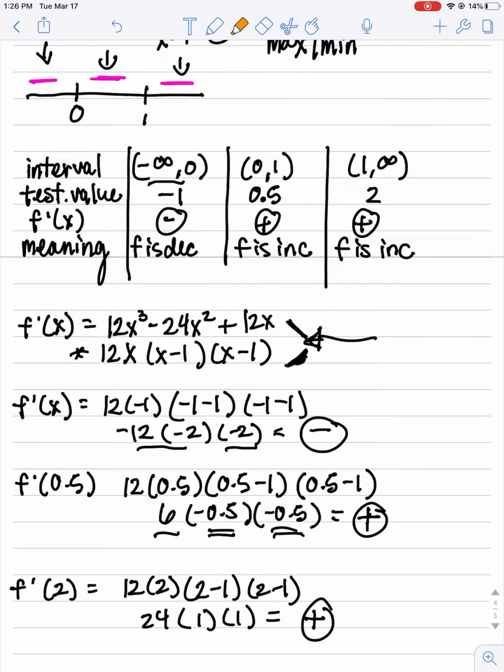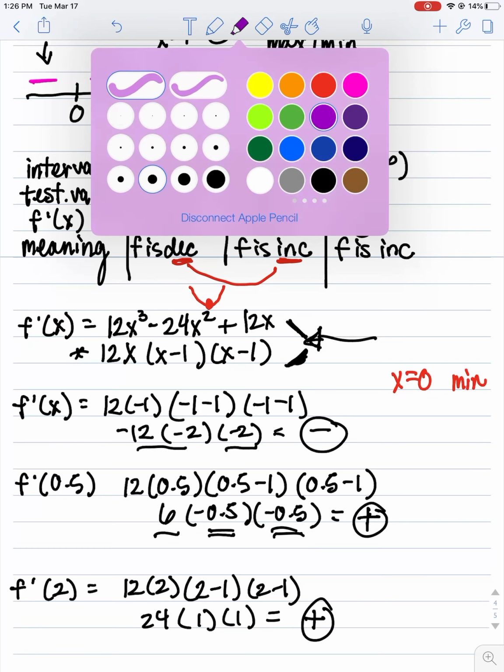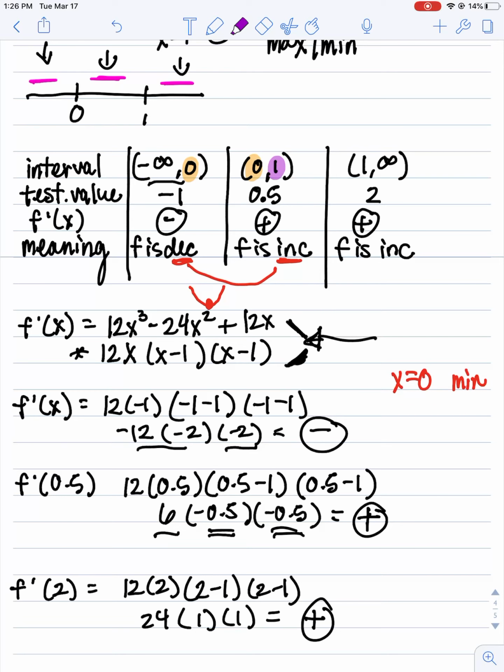So take a look at your critical values. Your first critical value was 0. At 0, you were decreasing and now you are increasing. So we clearly have a minimum. So x equals 0 is a minimum. If I look at my next critical value, 1.